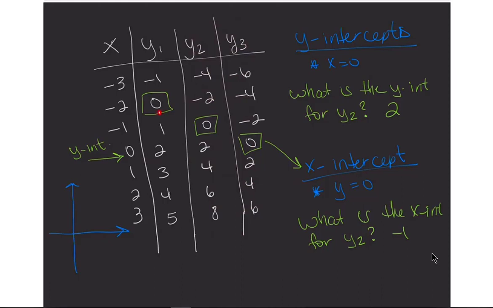On our first graph, our x-intercept is at -2. Our second function, our x-intercept is at -1. And on the third one, our x-intercept is at 0. Does that help clarify that table a little bit?